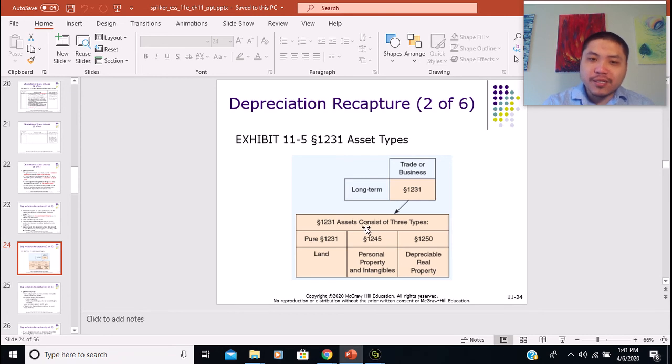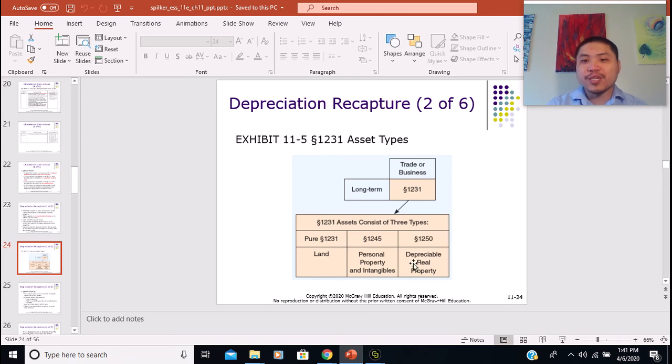This is going to be the majority of the personal assets, so it's going to be personal property or intangible assets. And then we have section 1250, which is depreciable real property.